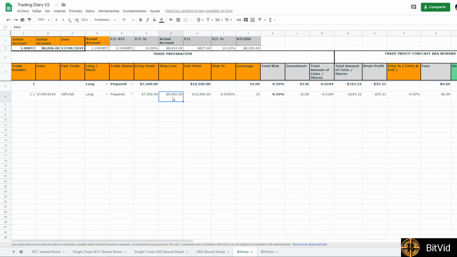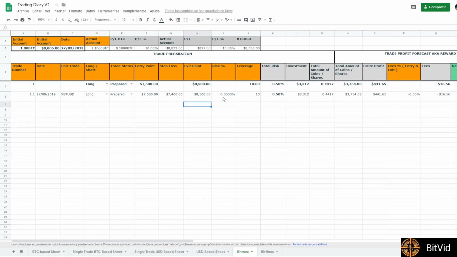Next thing, and the most important, is the stop loss. Let's imagine that our stop loss is 7,400. And the exit point, which is important because of the reward, but not important for the calculation of the position size. So let's put the exit point at something like this.